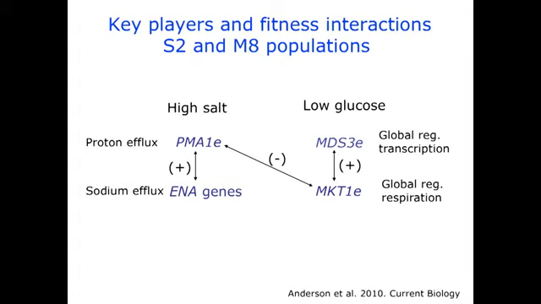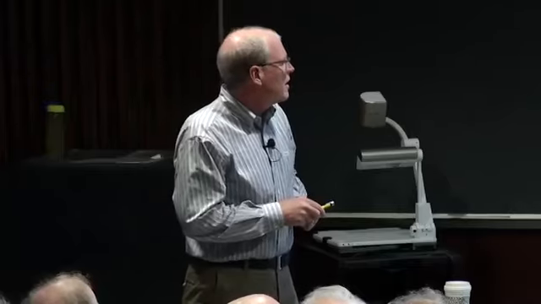And the genes affected are those that contribute to mitochondrial function. So this one acts early. It improves the fermentative phase, and then that improves the respiratory phase. And there's a major DM incompatibility between these two mutant alleles, PMA1 and MKT1, major negative interaction.